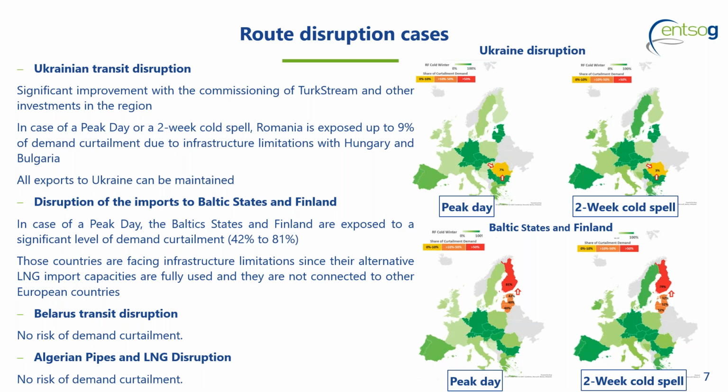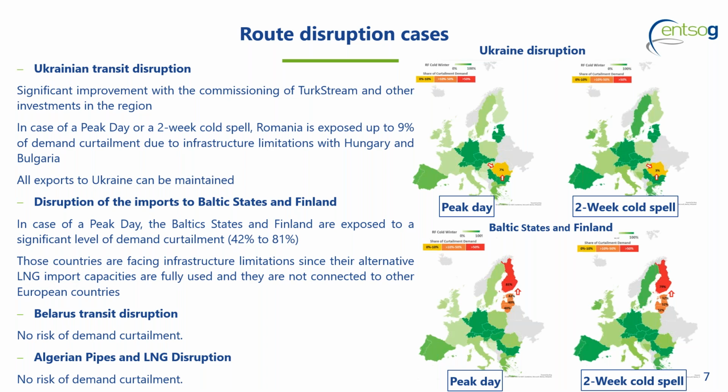So we are investigating in each winter outlook 4 different disruption cases: Ukrainian route transit disruption, which means no gas is flowing through Ukraine to Europe; disruption of the import to Baltic states and Finland, as they are countries separated from the rest of Europe; Belarus transit route disruption; and Algerian pipes and Algerian LNG disruption, which means no flow from Algeria.